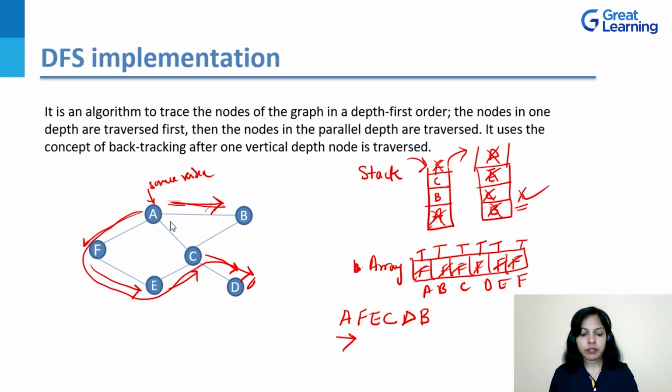So yeah, if I represent this with numbers like 0, 1, 2, 3, so it will be something like this. This will be 0, 1, 2, 3, 4, 5. So 2 is connected to all except 5. 1 is connected only to 0 and 2.